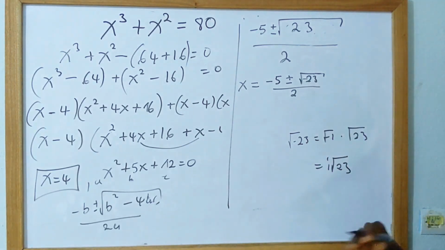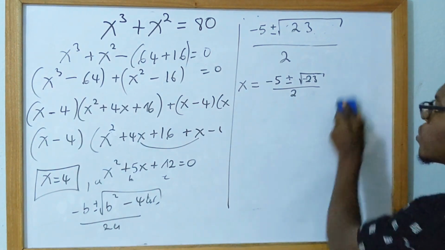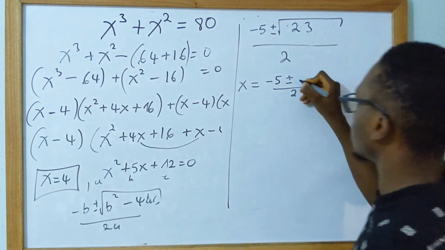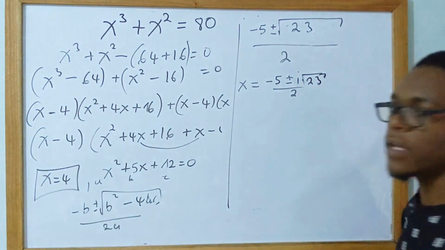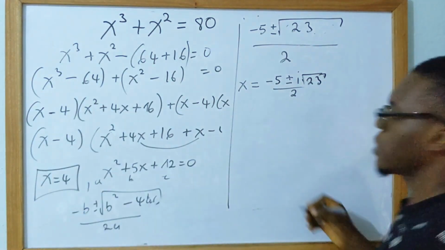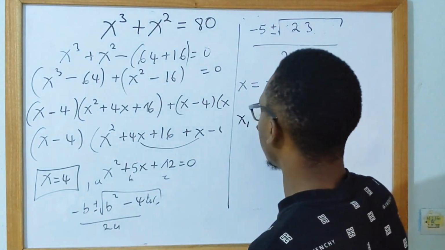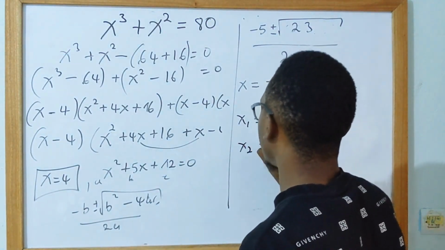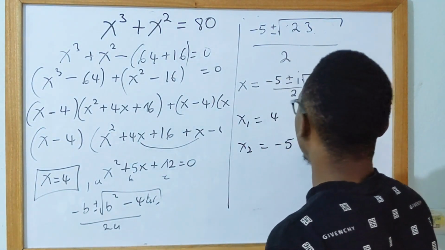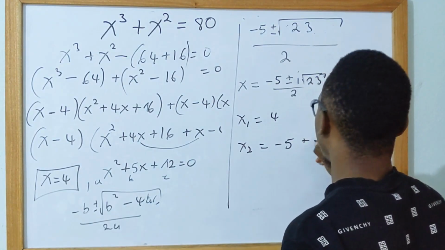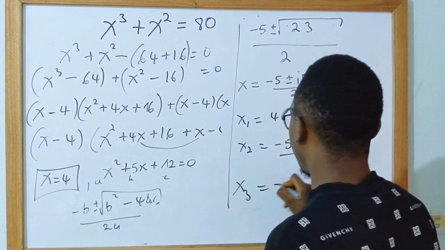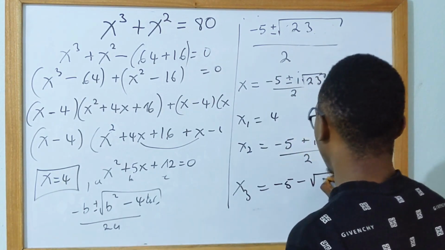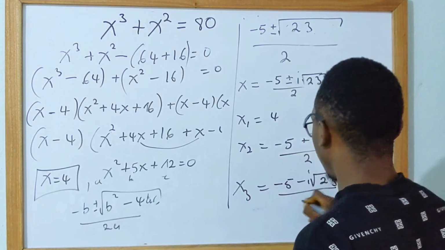This is a complex number, and hence we can write it as i root 23, because writing the square root of negative 23 is a bit fishy. Hence our x1 is equal to 4, x2 is equal to negative 5 plus i root 23 all over 2, x3 is equal to negative 5 minus i root 23 all over 2.